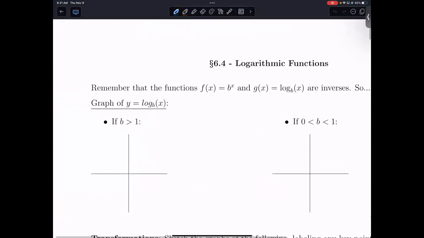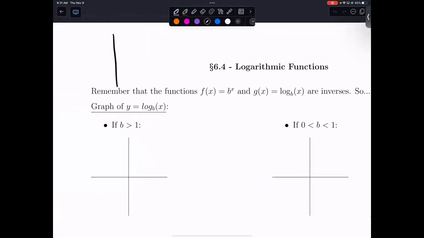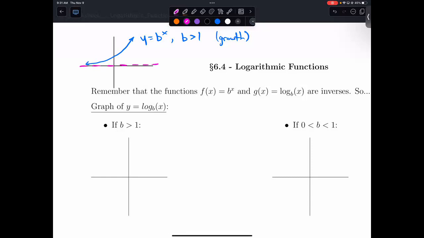All right, so let me just make a really small version of this right here. An exponential with b bigger than 1 is going to grow over time, right? So it's increasing. The function looks like this with a horizontal asymptote at y equals 0.